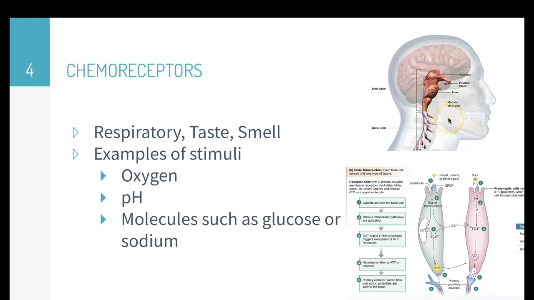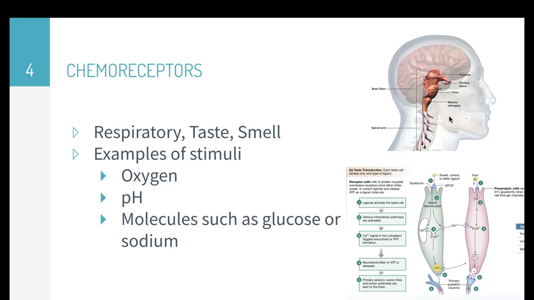So this triggers chemoreceptors to send messages to the brain to increase breathing out carbon dioxide, and this would bring pH back to homeostatic levels. The same concept applies to oxygen. When there's a lack of oxygen in the body, it induces chemoreceptors to send stimulus to the brain to induce the body to breathe more oxygen in.